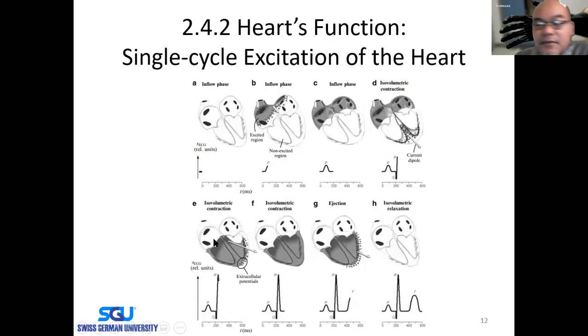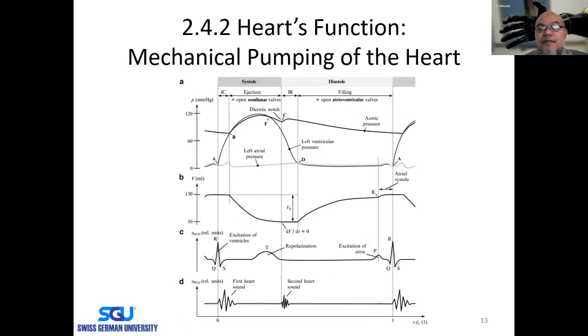So when we look here, R is where the isovolumetric contraction of the ventricles starts, pumping the blood from both ventricles, one to the lung, the other one to the rest of the body. Then, after it finishes the QRS cycle, before the T is where the relaxation starts.